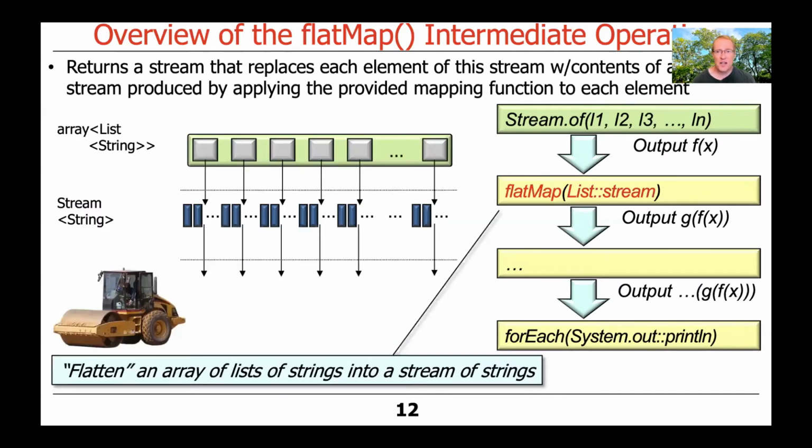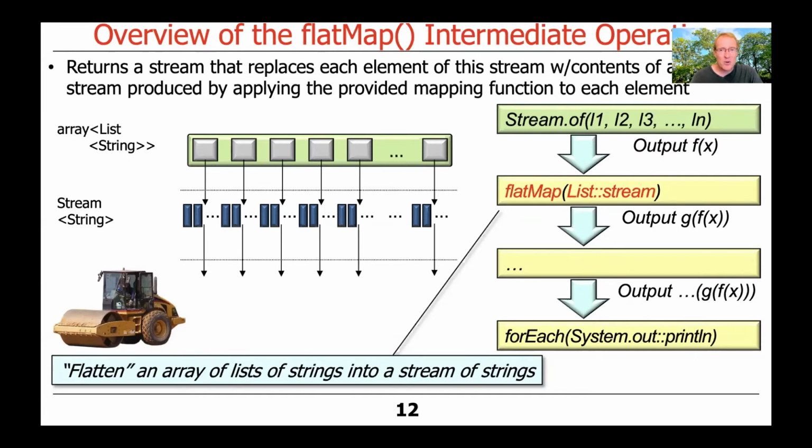So the way you can think about flatMap and where it gets its name is if you have a stream of structured data elements, like a stream of lists of elements of type T. Let's say we have a stream of lists of strings, just for example. When you flatMap that stream of lists of strings, what you end up with is a stream of strings.